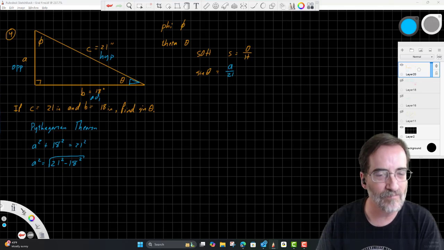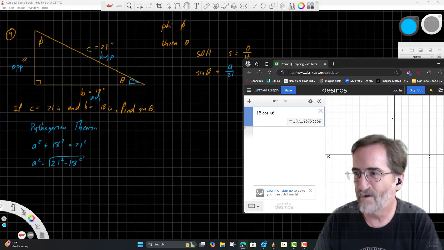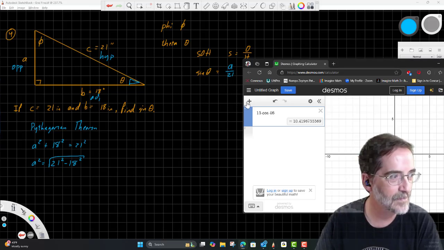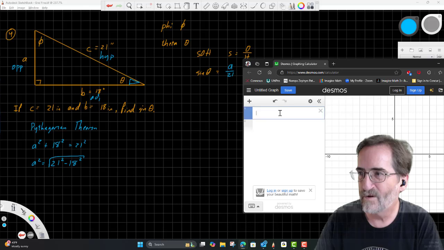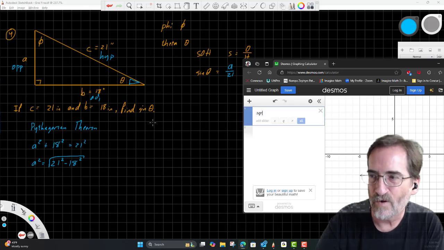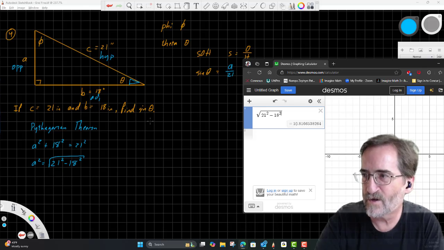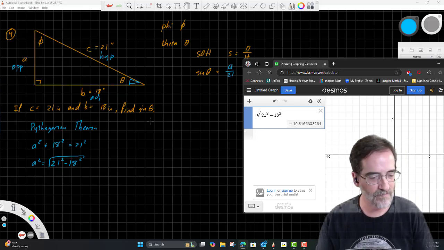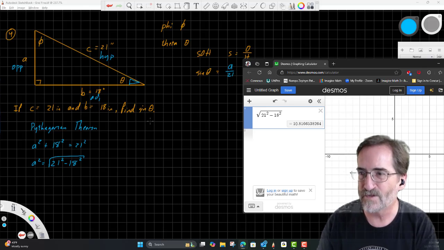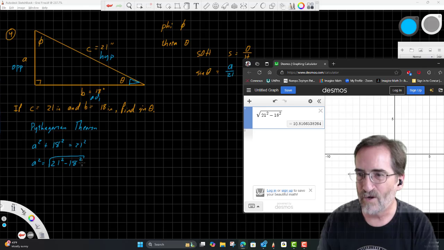Alright, and let's go ahead and bring up Desmos here. Let's find out what this is. Square root, 21 squared minus 18 squared. And this one's not a perfect Pythagorean triple. 10.81.